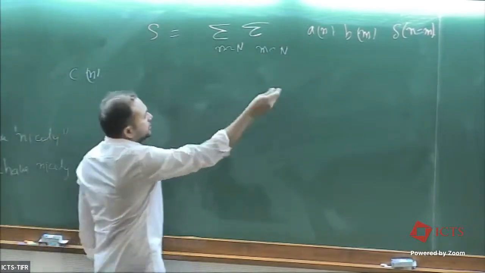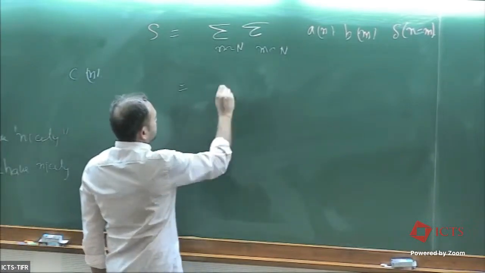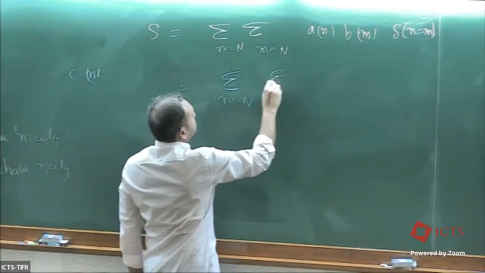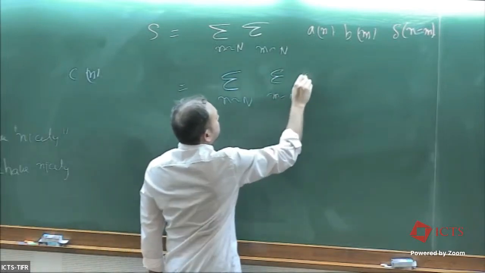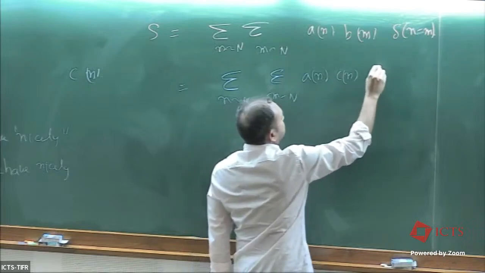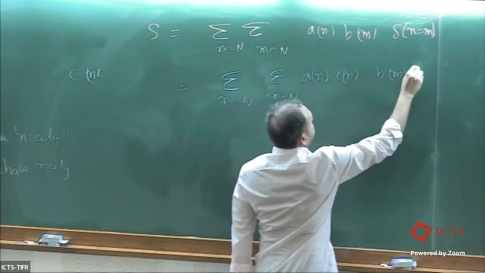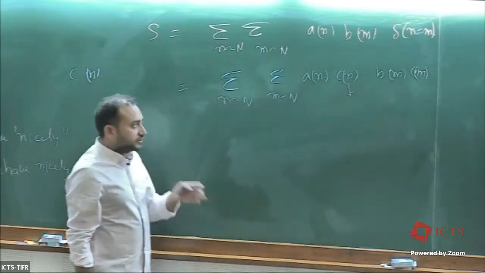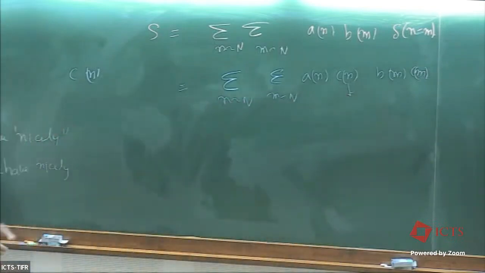Now you can expand this one using some oscillations, the sum over n of size N, of a_n, c_n, and b_m. We will see what the c_n's are in this course.